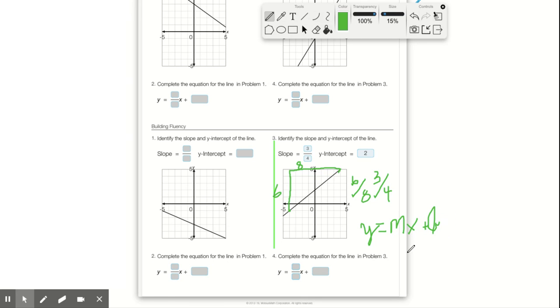Let me do that one again. Here's a b. Mx plus b. All right. So our m is a slope, and in this case, it's 3/4. And our b is the y-intercept, and that is 2. So let's check our work. It checks out, and it is correct.